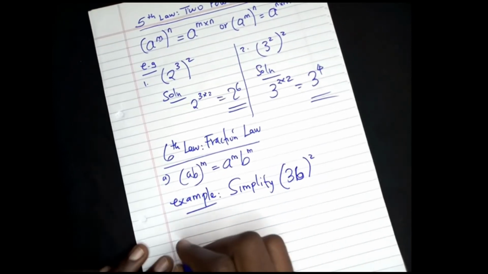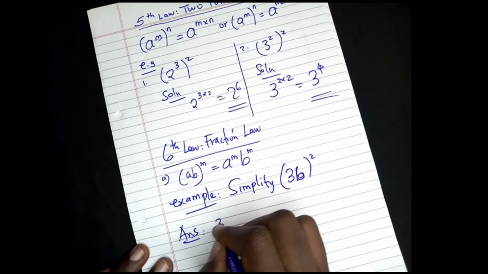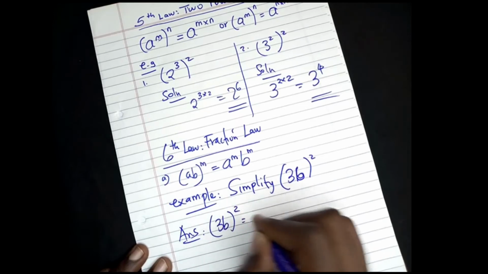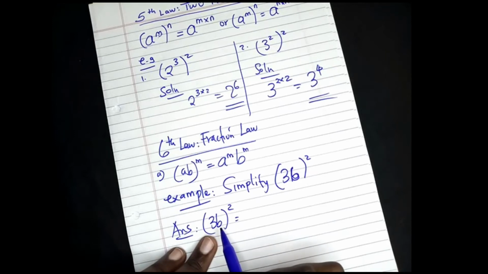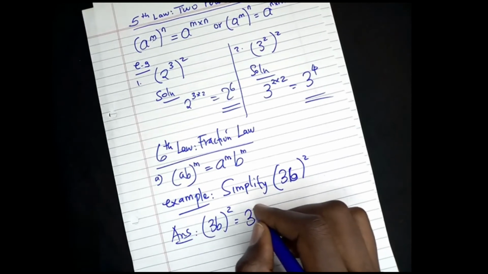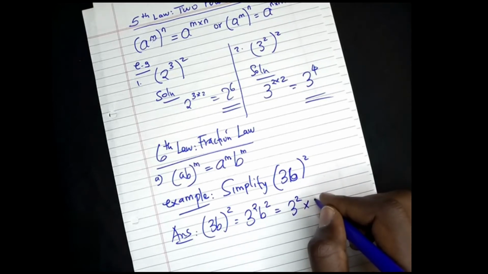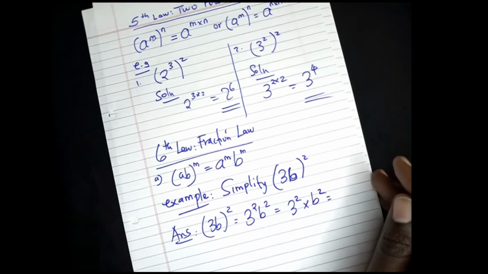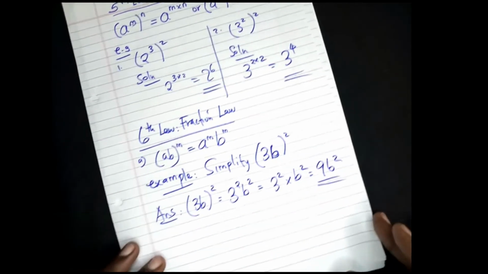So if you are asked to simplify this, 3b squared, and we have said that if a product is raised to a given power, each of its factors is raised to that same power. So we shall have 3 squared times b squared, which equals 3 squared is 9, b squared. And we are done with that.